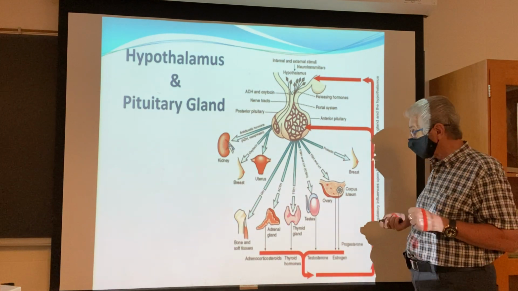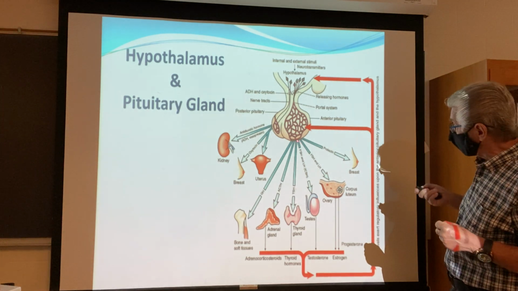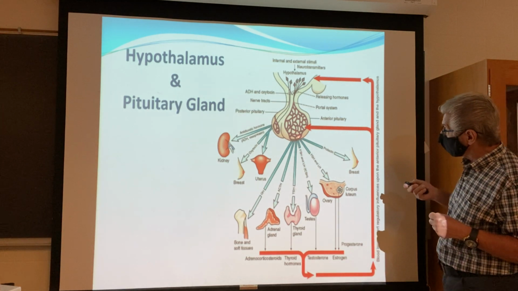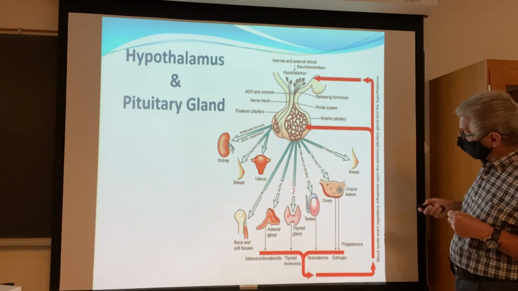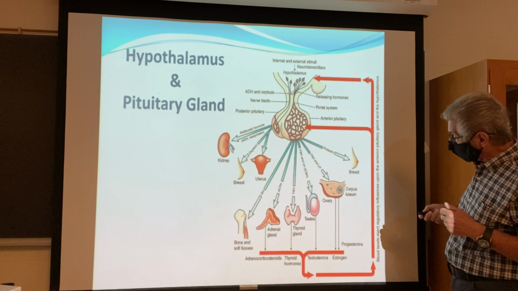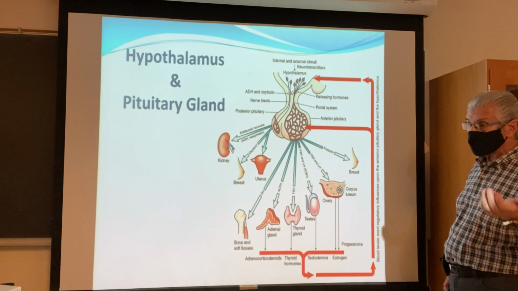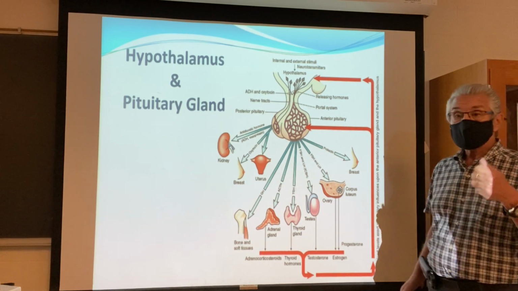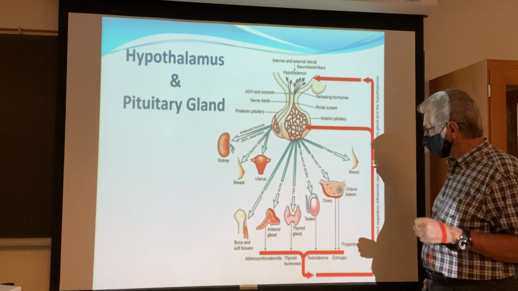Then we have thyroid stimulating hormone. Thyroid stimulating hormone is then going to stimulate the thyroid gland to produce thyroid hormones, and thyroid hormones, of course, metabolic. T3, T4. Exactly. T4 is thyroxine. There we go.